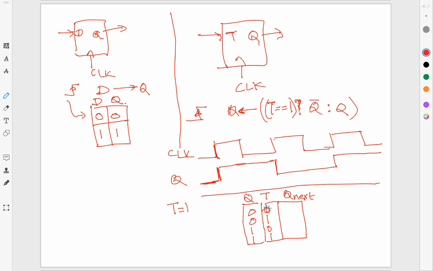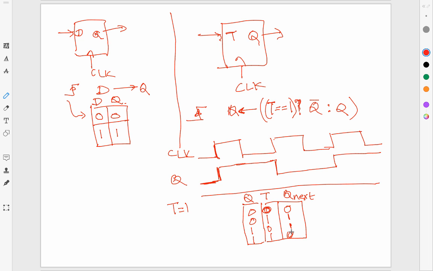If T is 0, Q remains unchanged, so this row and this row would be just that, and for the rows where T is 1, I get this. So Q next is given in terms of Q like this, and this is like our standard sequential logic where I think of Q as the state, T is the external world input, and I'm generating the next state.